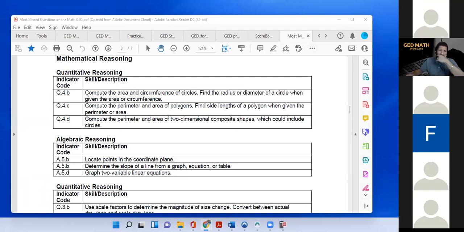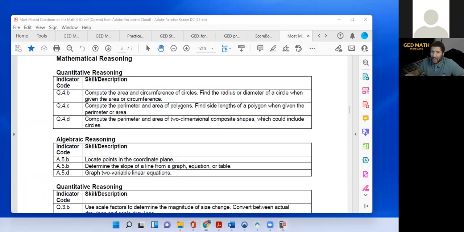I was looking for, oh my goodness, I was looking for the quadratic equations. Here we go, I got it.